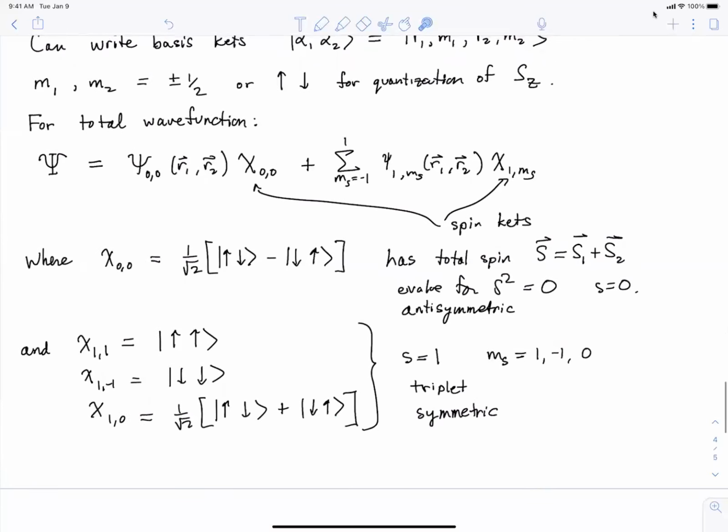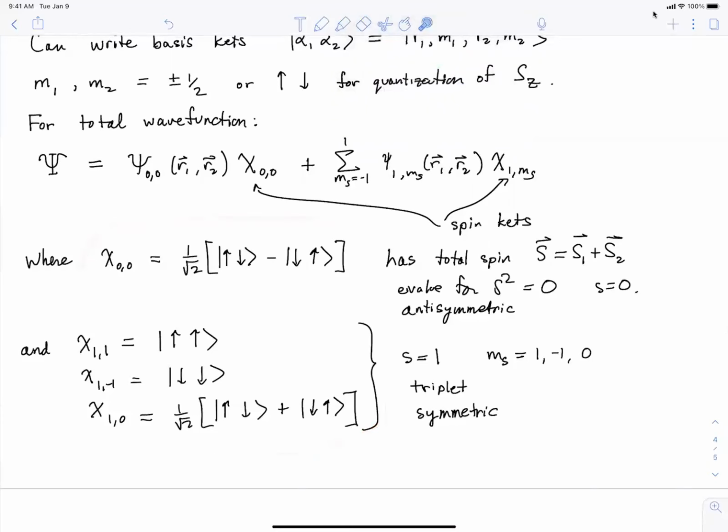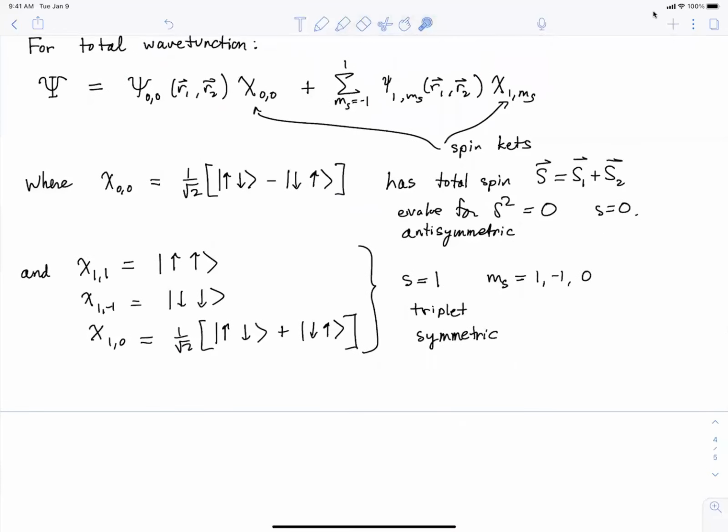Okay, so what I've done is, together all of these make a basis for all the possible spins of the system. And so for each one of them, I've multiplied by a corresponding spatial wave function. Okay, and so that will be a basis for the whole state space of the system.